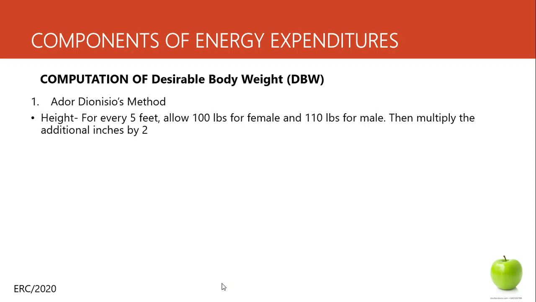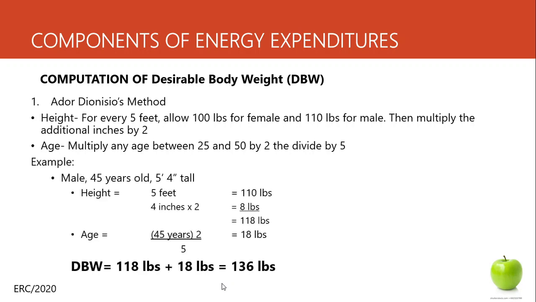For the height, for every 5 feet, allow 100 pounds for female and 110 pounds for male. Then you are going to multiply the additional inches by 2. For the age, multiply any age between 25 and 50 by 2 and divide it by 5.